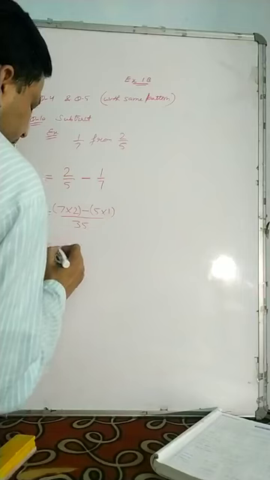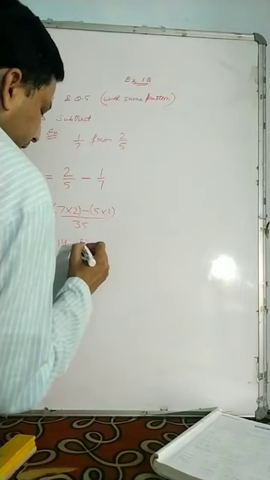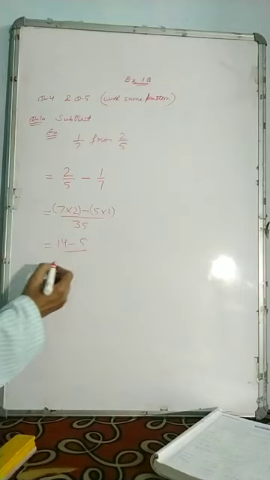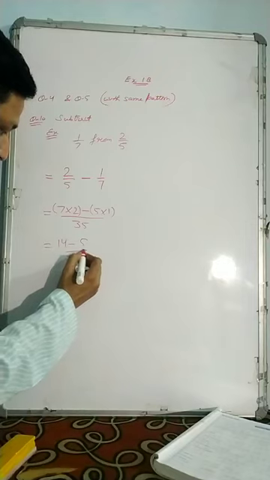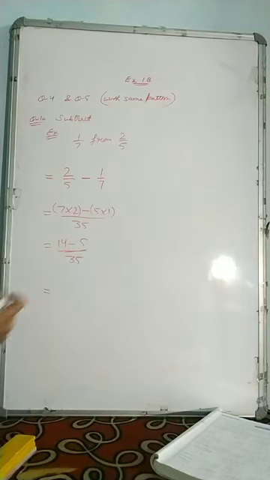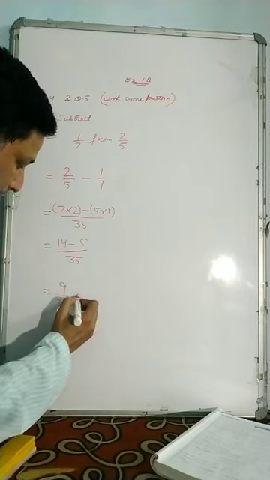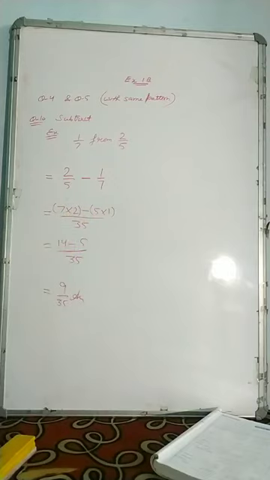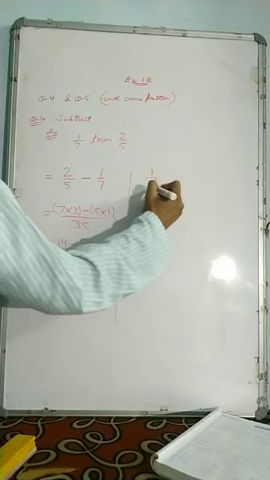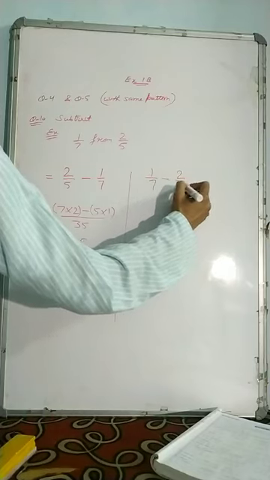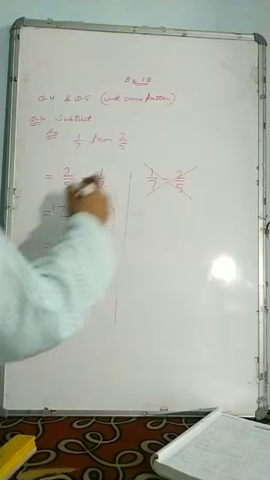Here after multiplying we get 14 minus 5 upon 35. Now moving on, after subtracting 14 and 5, here we get 9 upon 35. That is the answer. But if you write like this one, 1 upon 7 minus 2 upon 5, this is wrong. Why?